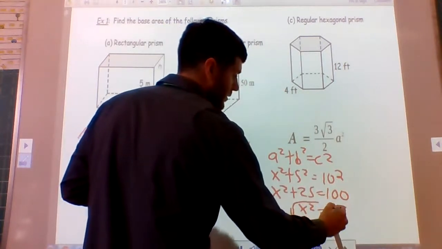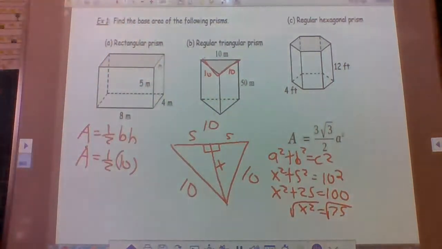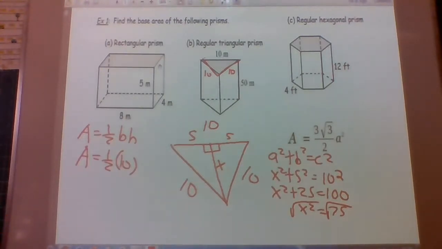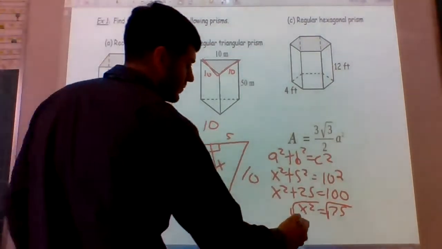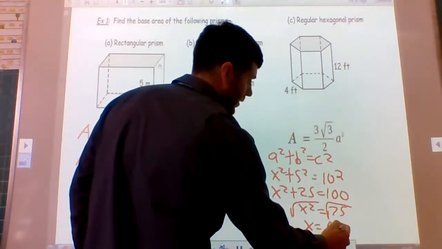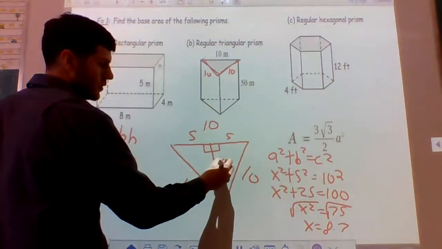Okay, get rid of the square. We take the square root of both sides, so we take the square root of 75. I don't know the square root of 75. It's going to be 8 point something though, because it's between 64 and 81. So it's going to be between 8 and 9, closer to 9. 8.7. So 8.7 is the height of this triangle.